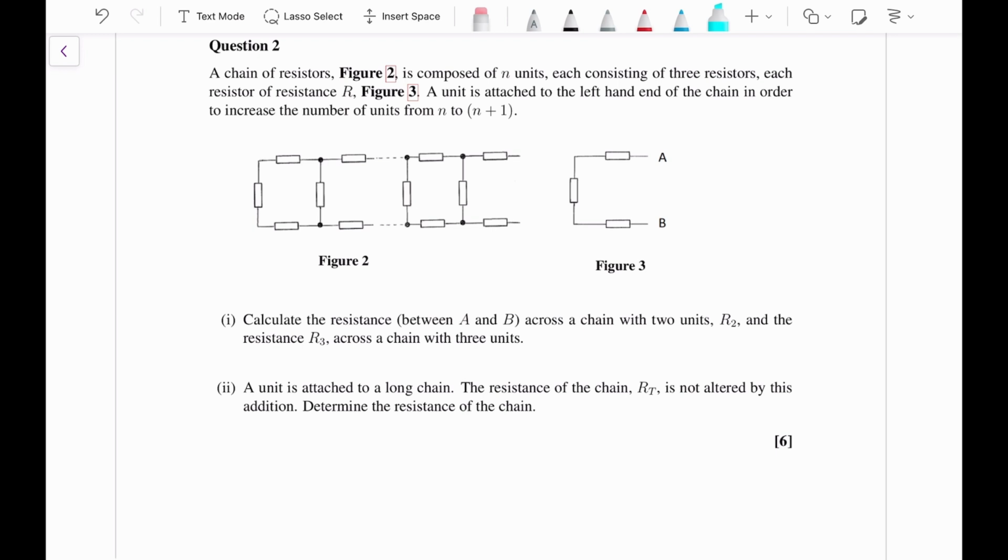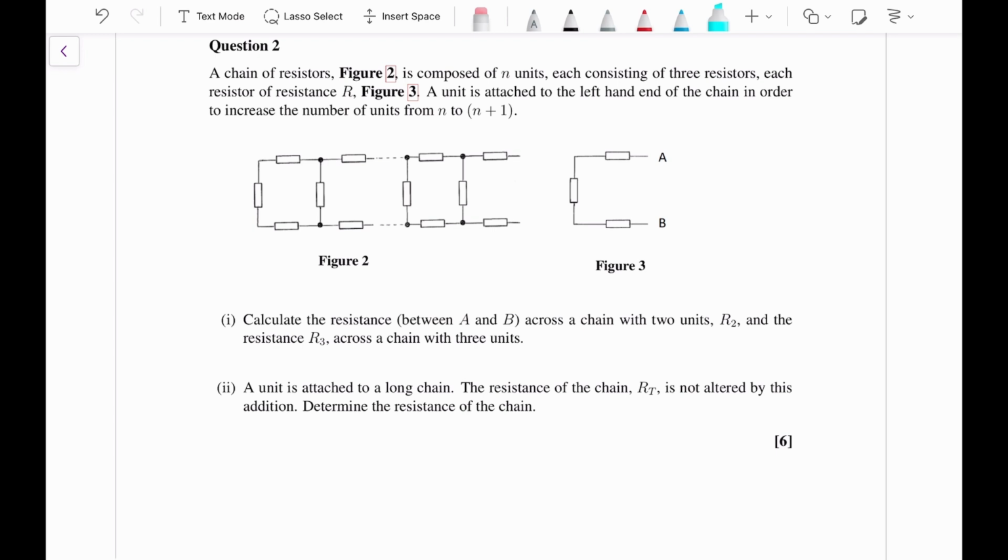And then a unit is attached to the left hand end of the chain in order to increase the number of units from n to n plus 1. And then the question wants us to calculate the resistance between A and B across a chain with 2 units, R2, and the resistance R3 across a chain with 3 units.